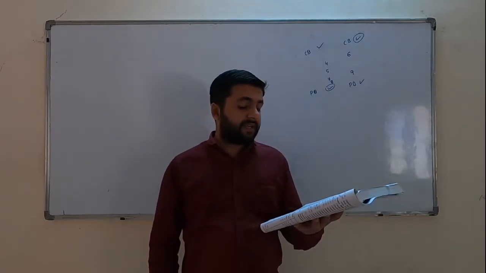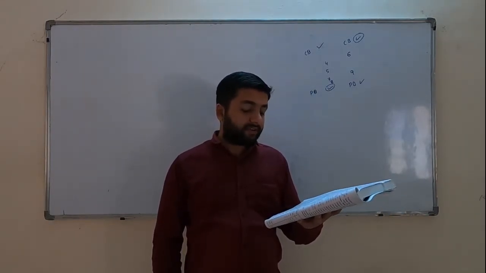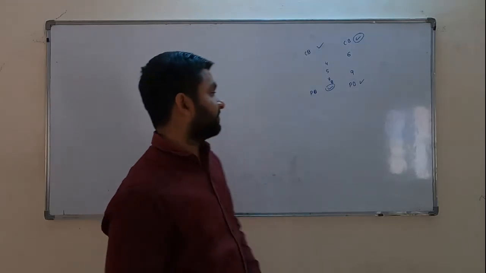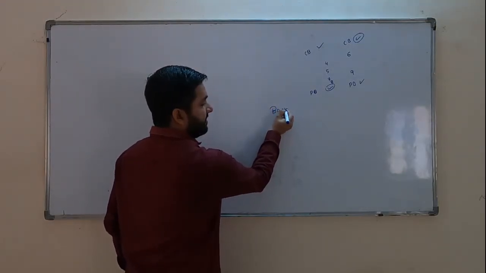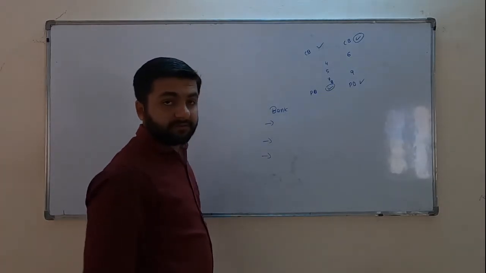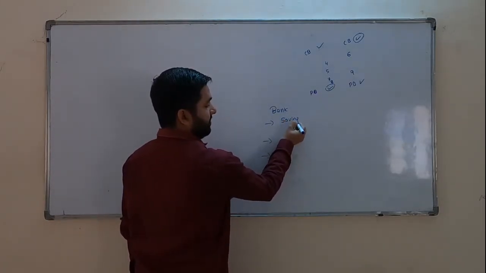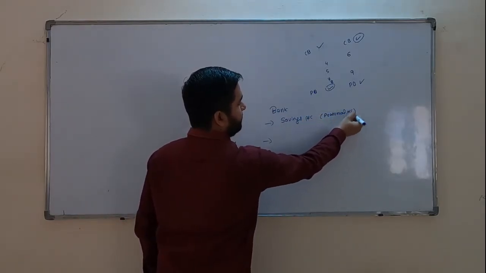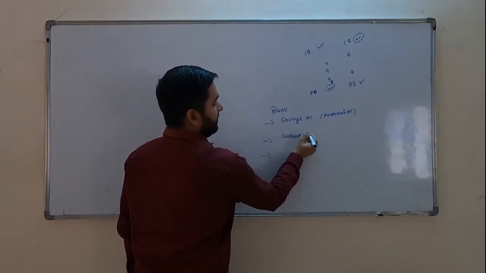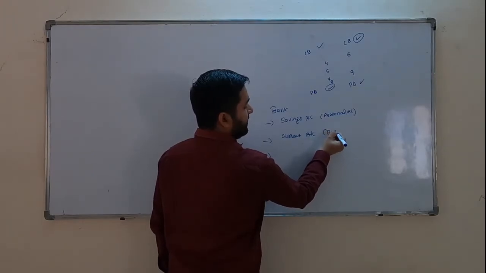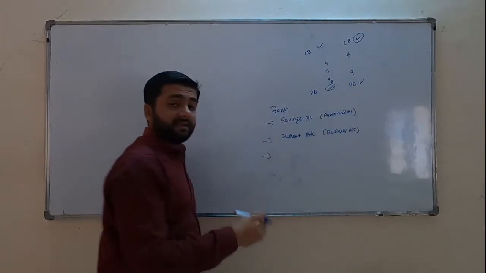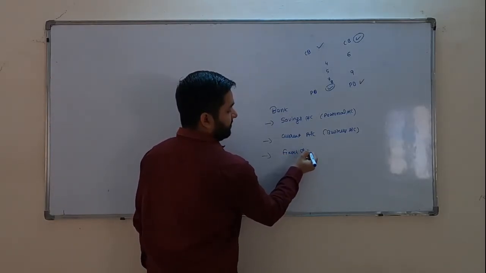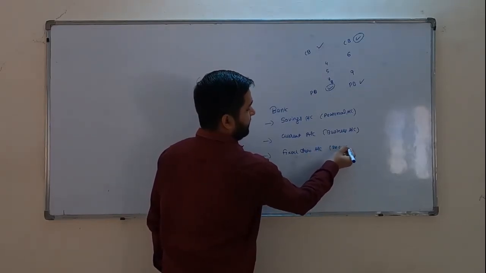Next, sales made by check 2300 recorded by bank in personal account of Priya. Now see, one thing here we are understanding. In a bank there are 3 types of accounts: savings account, which is also known as personal account; current account, which is known as business account, the account from which we are running our business; and the third is fixed deposit account, which is known as recurring account.